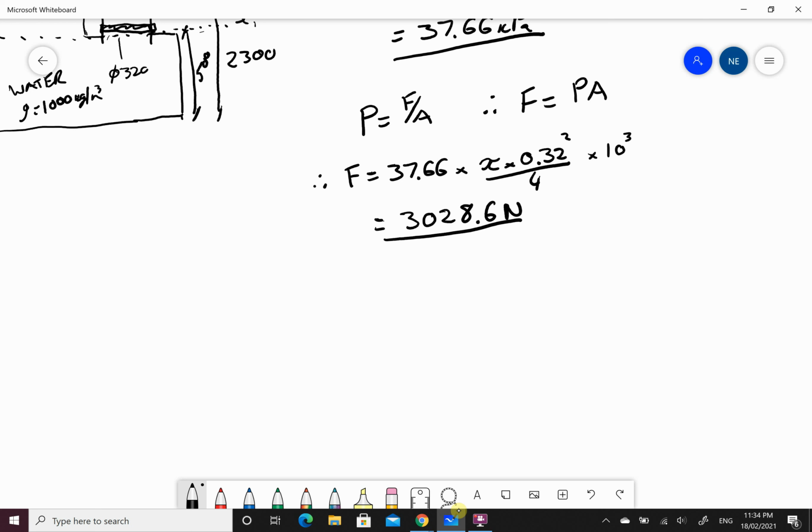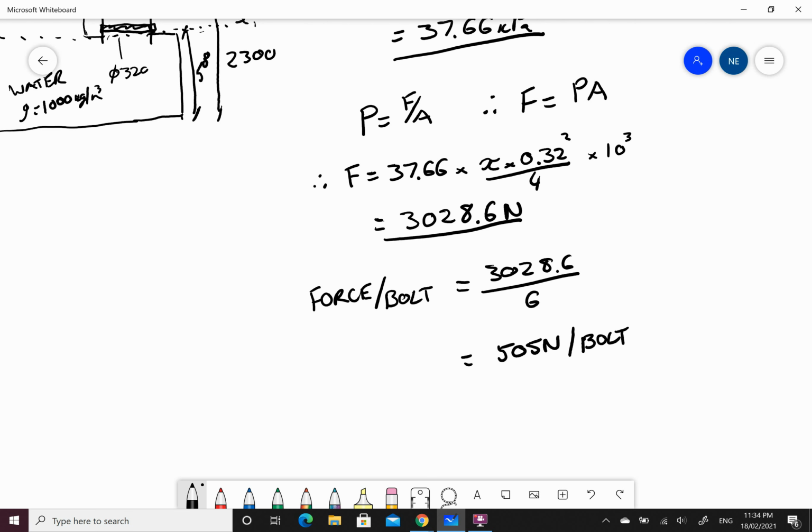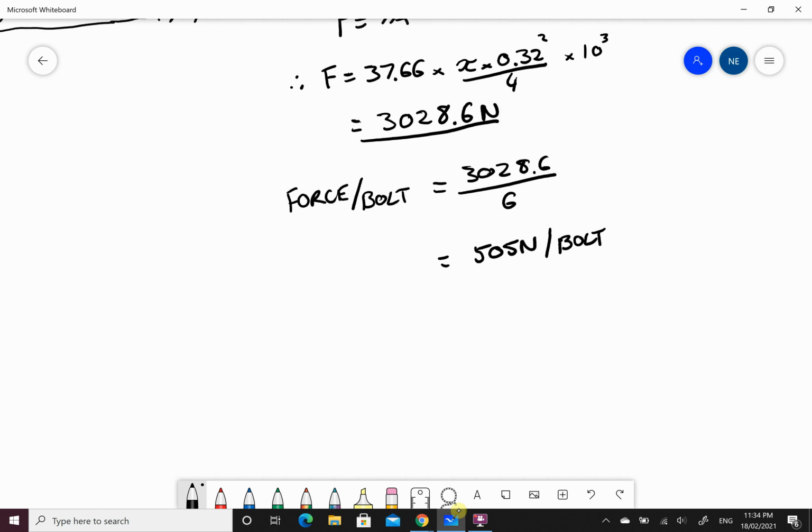So our force per bolt, quite simply, 3028.6 divided by 6, and it is roughly 505 newtons per bolt. Alright, so that is our final answer.